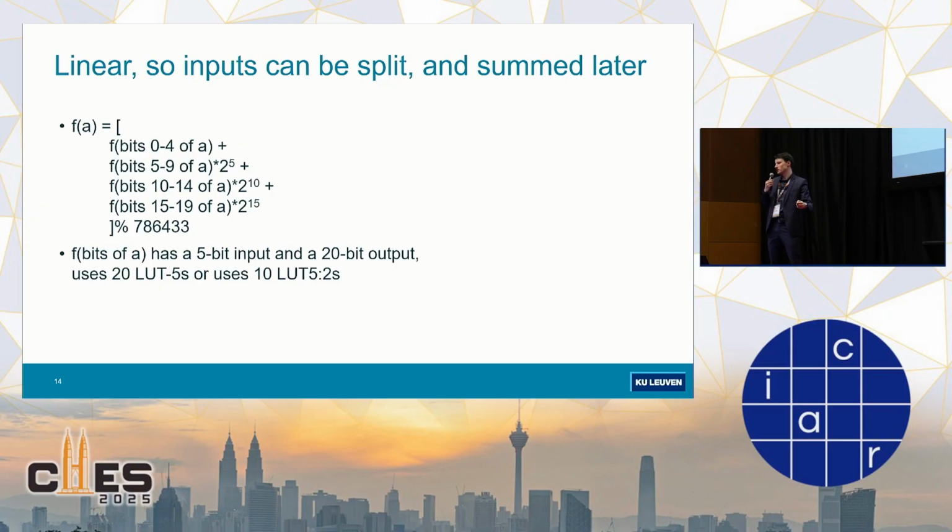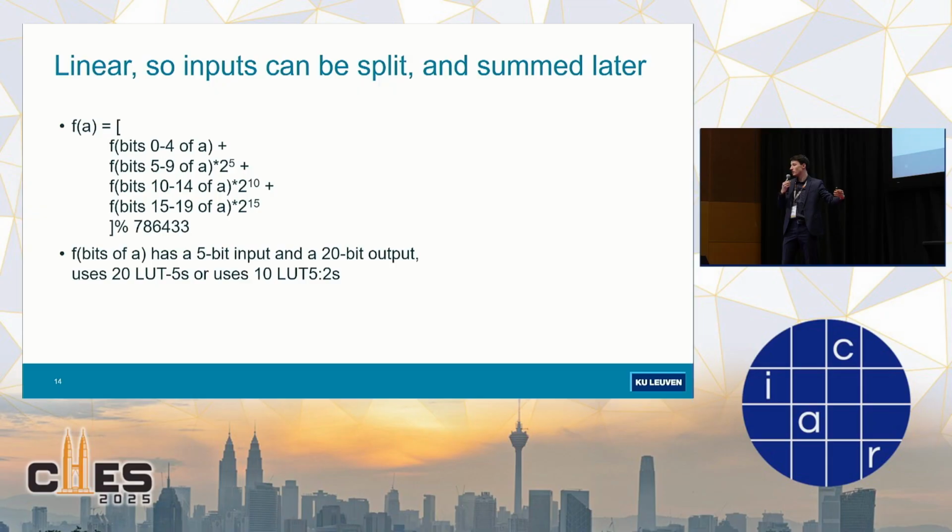Lookup tables are just a table that takes a couple bits of input and outputs 1 or 2 bits, which is perfect for making these, because if you want to make a function with 5-bit inputs and 20-bit outputs, you just need 10 lookup tables that are 5-to-2s. And on, for example, a Xilinx platform, LUT 5-to-2s are what the whole FPGA is made for.